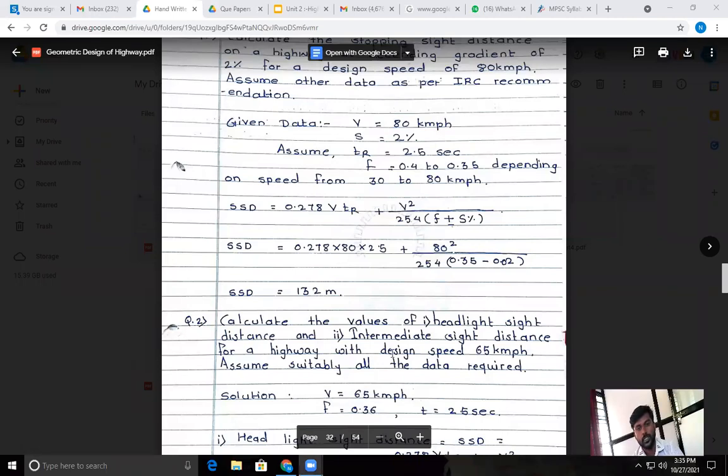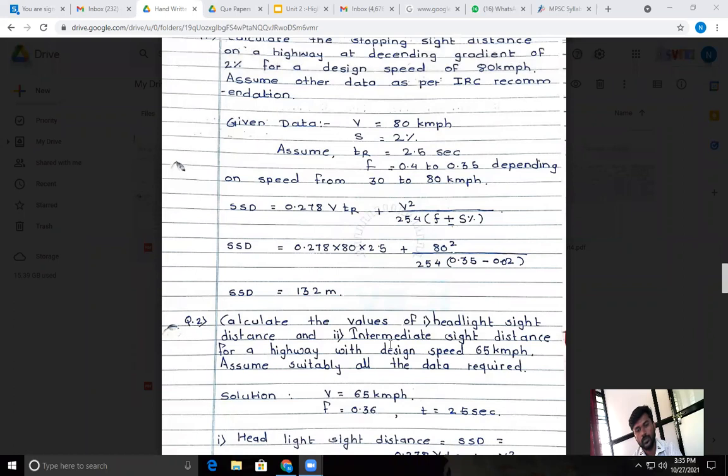Find out the answer and text the answer. Headlight sight distance that we have to calculate, that is SSD.